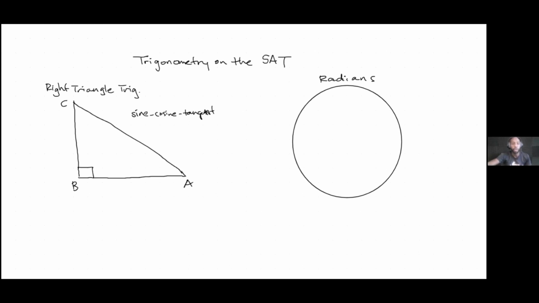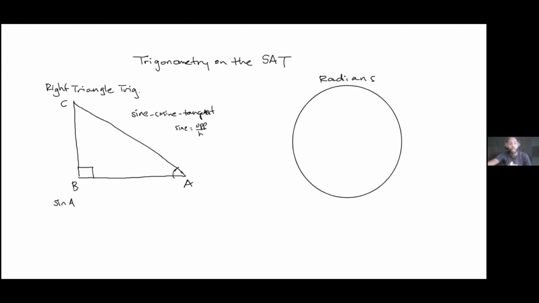So say for example, we're taking this angle right here, angle A, and we want to find the sine of angle A. That would be written as sine of A, and that is going to be equal to opposite over hypotenuse.